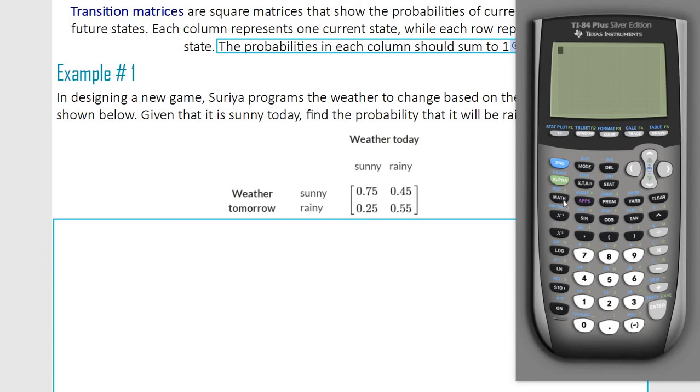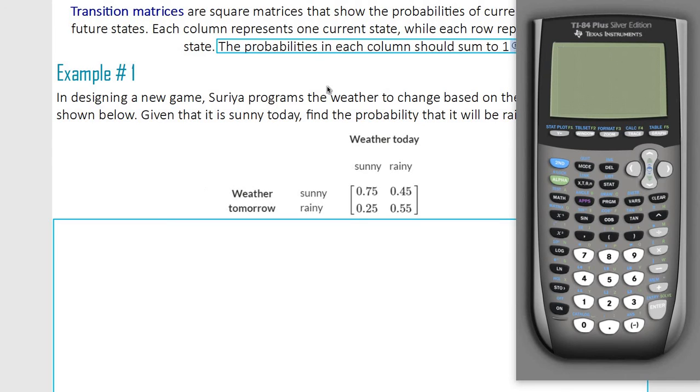Now that I've got the calculator, you go to second, x to the negative 1, so matrix. Go to edit. We're going to do a 2 by 2: 0.75, 0.45, 0.25, 0.55. So we put that in our calculator.